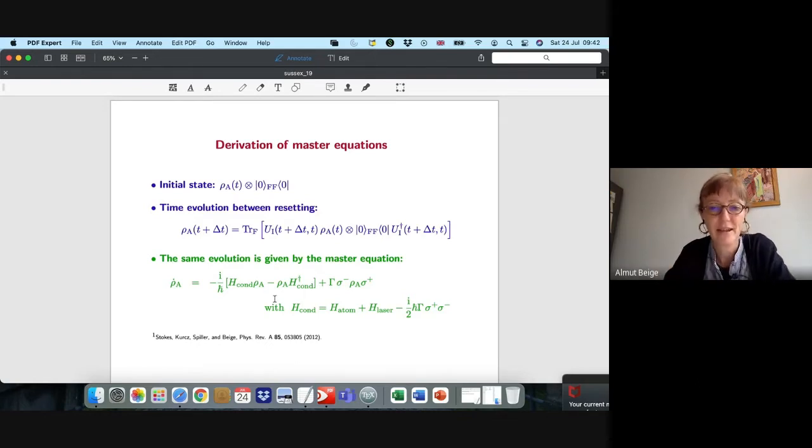If you detect a photon, you know the atom would be in the ground state. But it also evolves in time if you don't see a photon emission, and then this dynamics would be described by a Schrödinger equation, where you have some non-Hermitian conditional Hamiltonian.